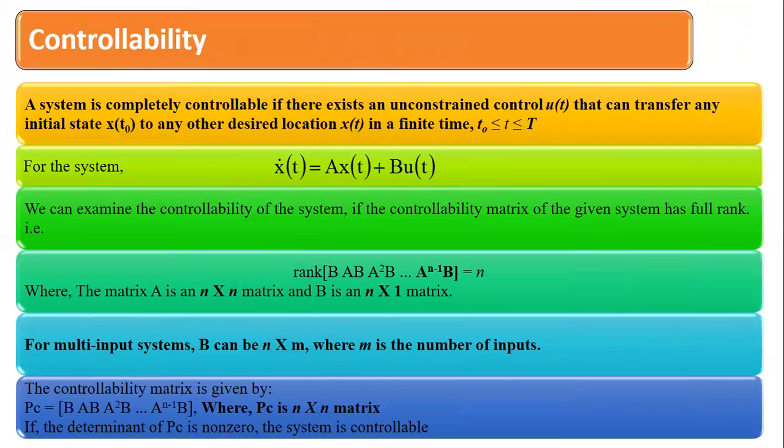Now, what is controllability? Controllability is defined by the standard definition, which says that any system is completely controllable if there exists an unconstrained control signal, unconstrained u(t). u(t) is nothing but the control signal, meaning the output of the compensator.